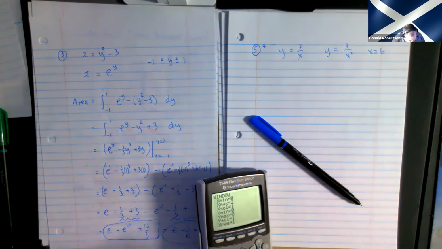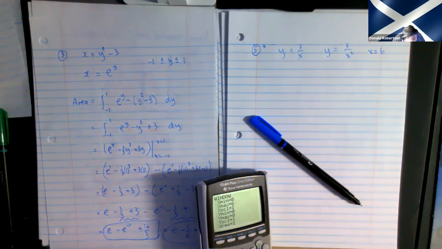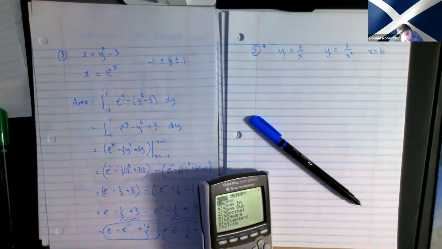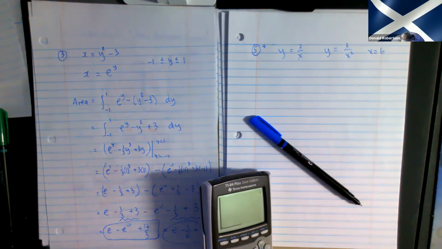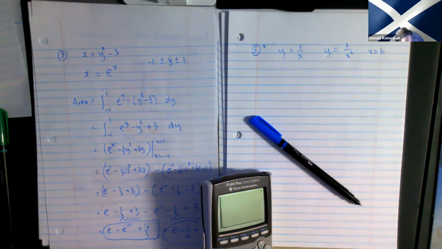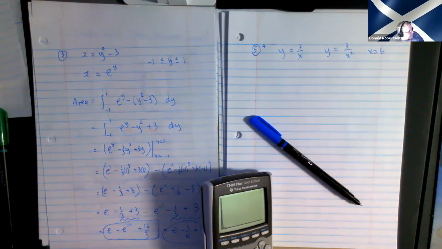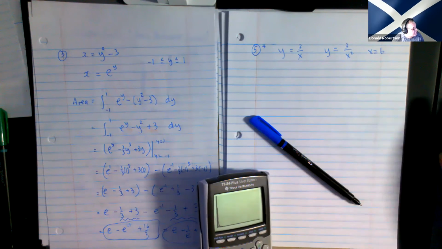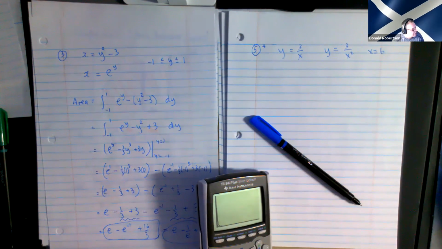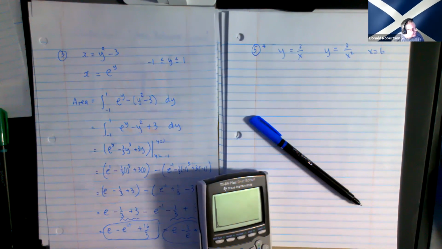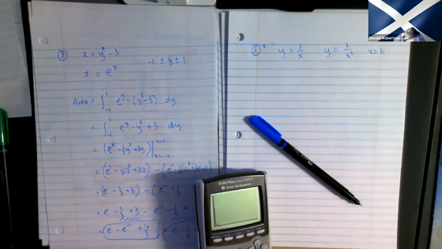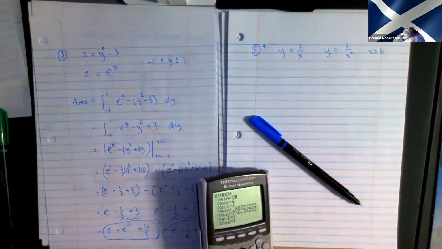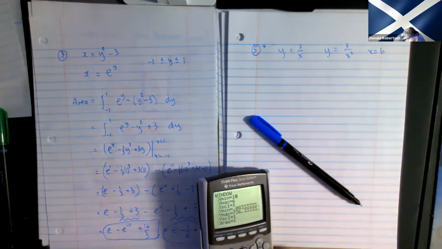Although you can't see it now, the window did start at 0 and it finishes at x equals 6. So if I do a zoom fit on that, and it doesn't start at 0, I apologize, it starts at 1. And I'm going to come back to you and show you why it's 1 and not 0.